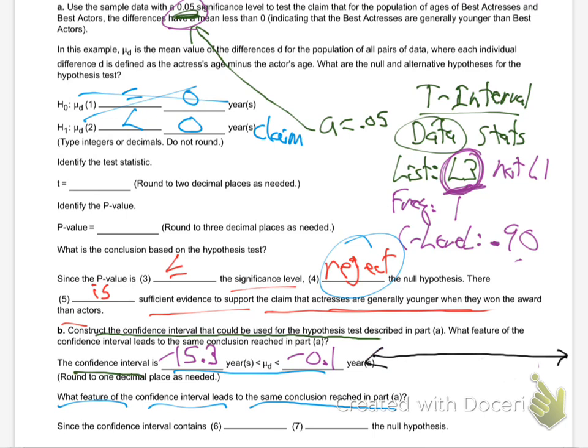That confidence interval goes from negative 15.3 to negative 0.1, doesn't it? Where's 0? 0 is somewhere right here.